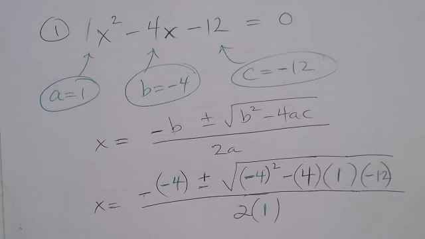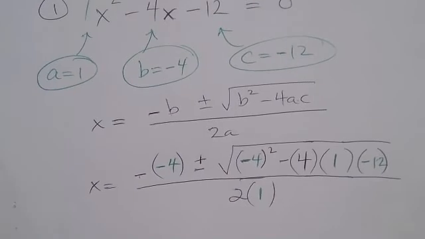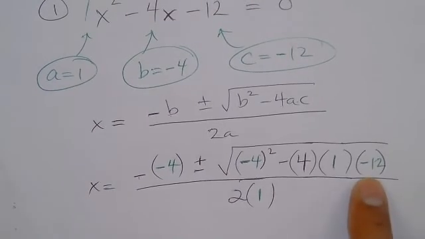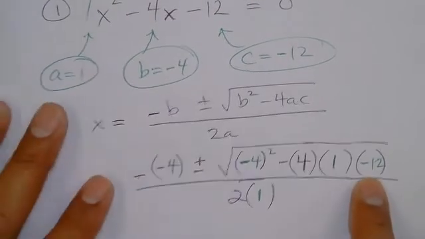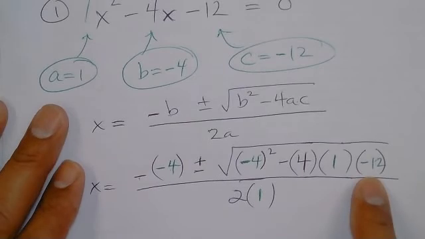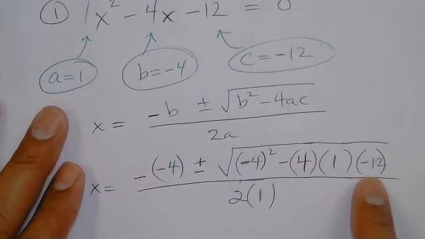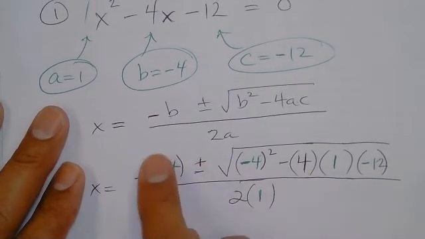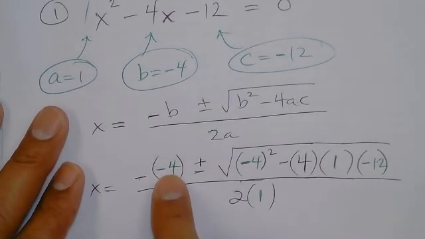Yes, Derek? In the parentheses, do I need to put a negative 4, or is it just like that? Well, I don't know which one you're talking about. Because it's a negative 12 right there, and then the 4 is just by itself. You're talking about the negative 12? No, like the other one you put a negative 4, but the... You talking about over here?